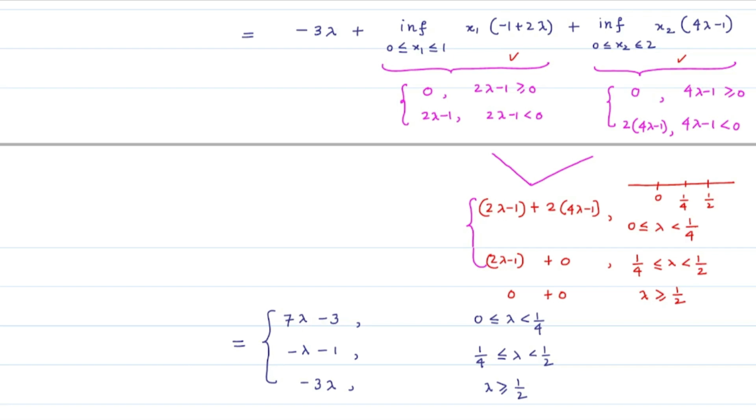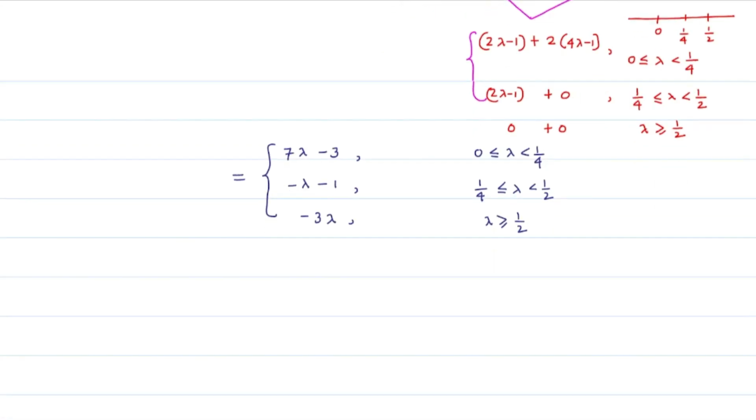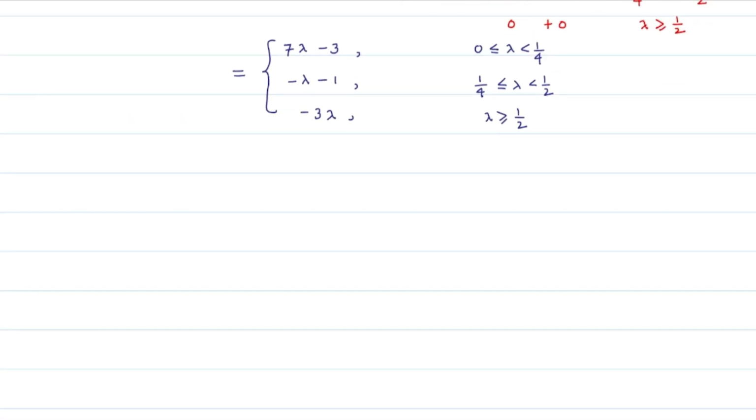Now here I would like to give you a home task: find the graph of this function theta lambda, and you will figure out that this theta lambda is a continuous function, but it has non-differentiability at the points 1/4 and half.